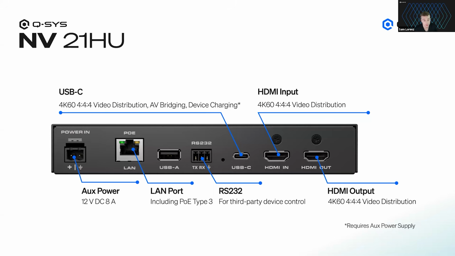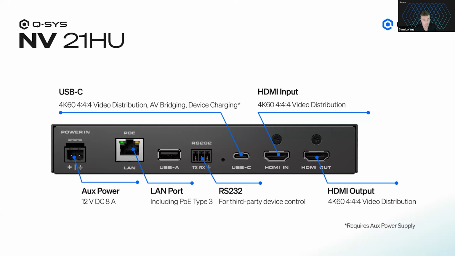But you are also able to get AV bridging on that same single cable. So instead of with the 32, where you would have to plug an HDMI and a USB into a laptop, with an NV21 you can just plug in a single USB-C cable and get that content to your display.